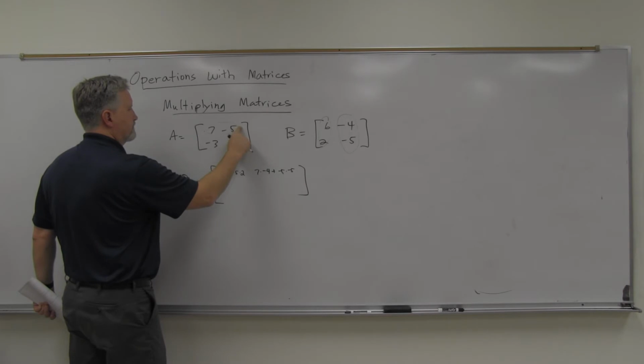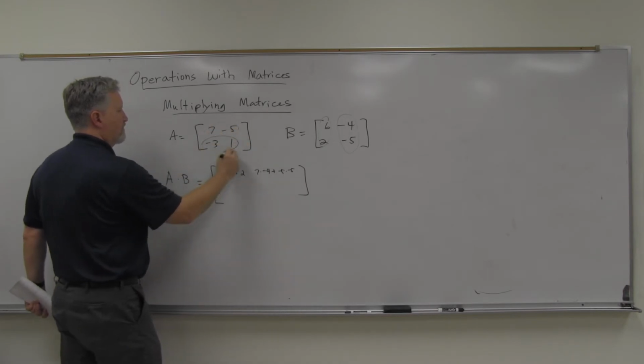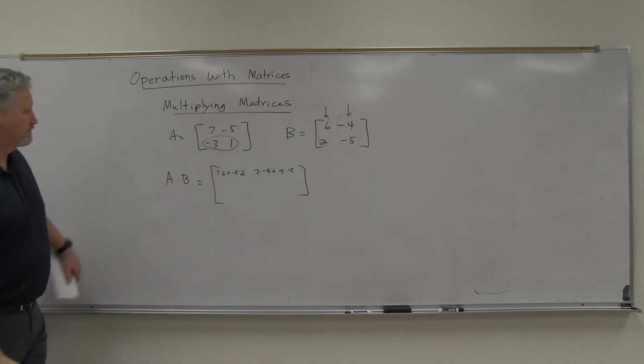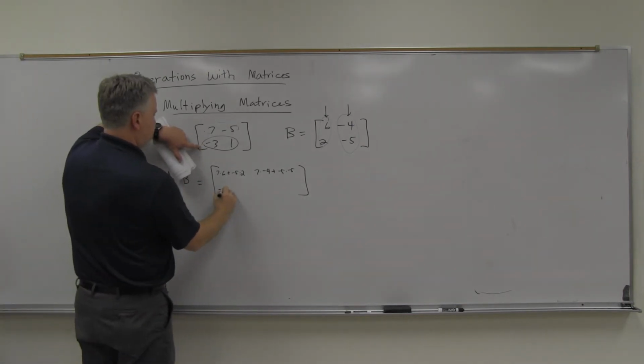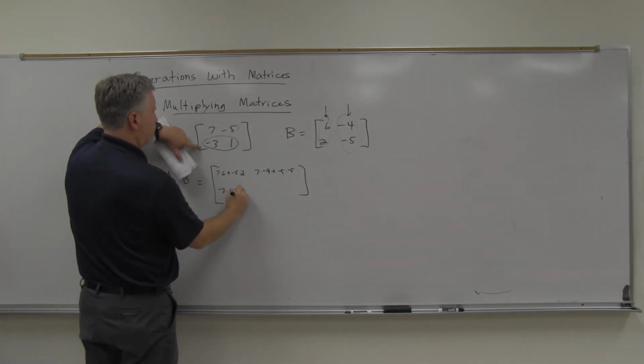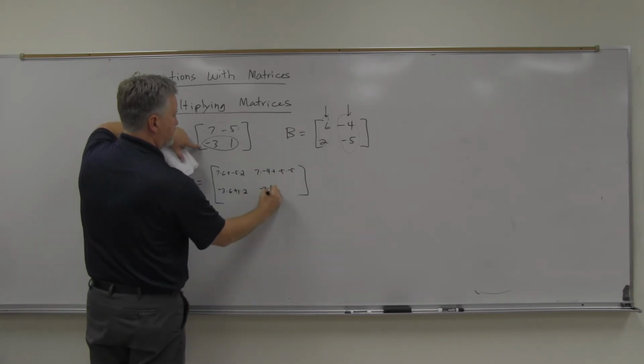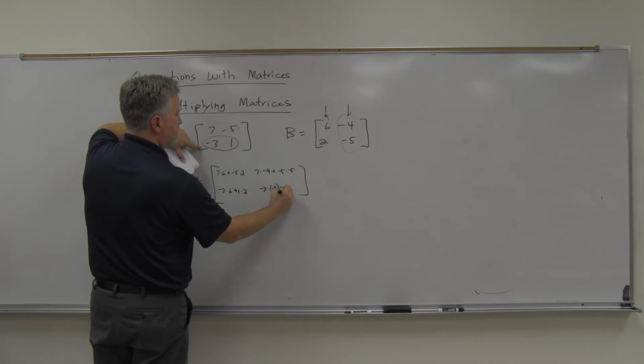And then do it all over again because I got a second row of A. Take the second row of A times both columns over here. So it'll be negative 3 times 6 plus 1 times 2, and then negative 3 times negative 4 plus 1 times negative 5.